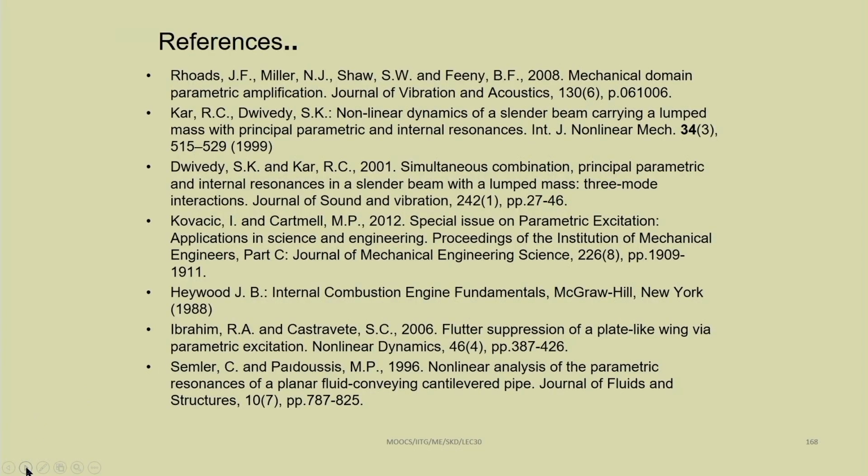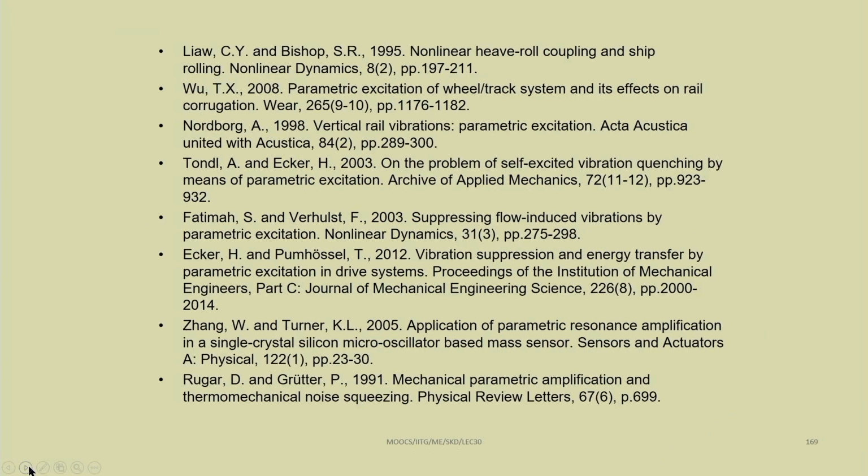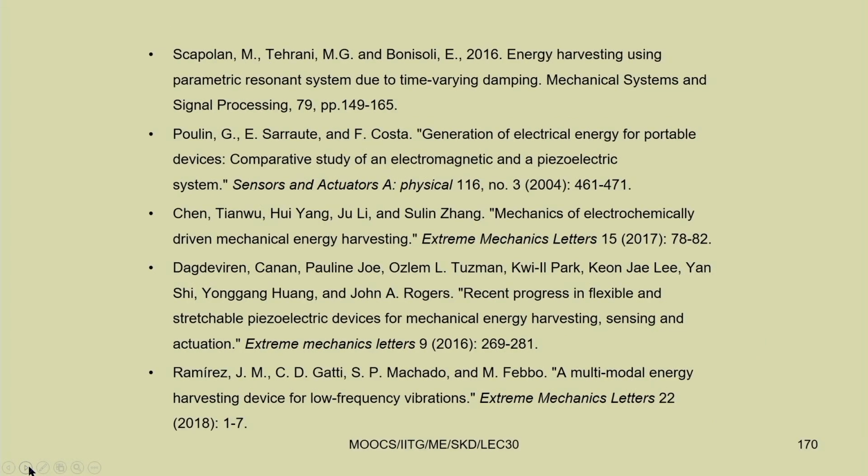These are some of the references related to galloping based energy harvesters. One can go through all these papers. Many references have been given, the basic principle remaining the same, but the forcing part will be different.